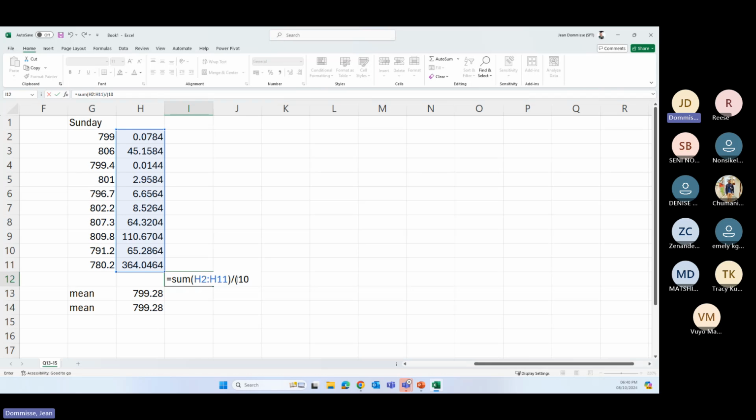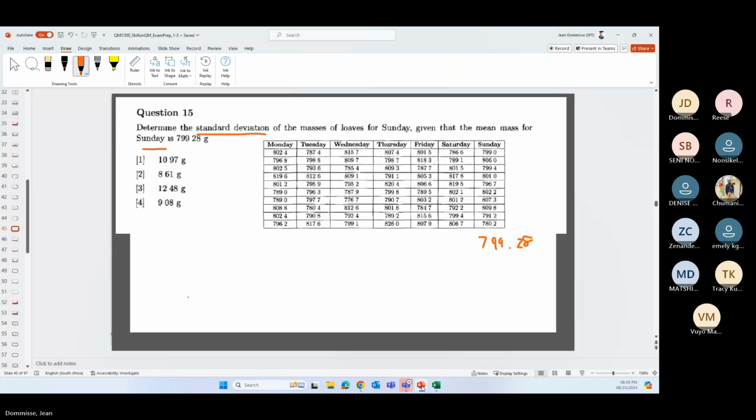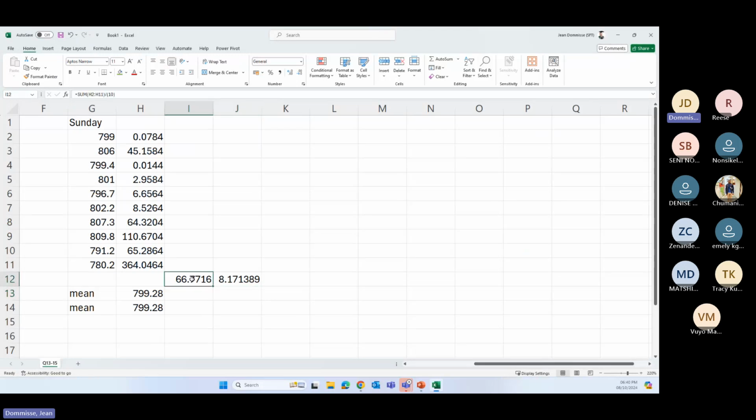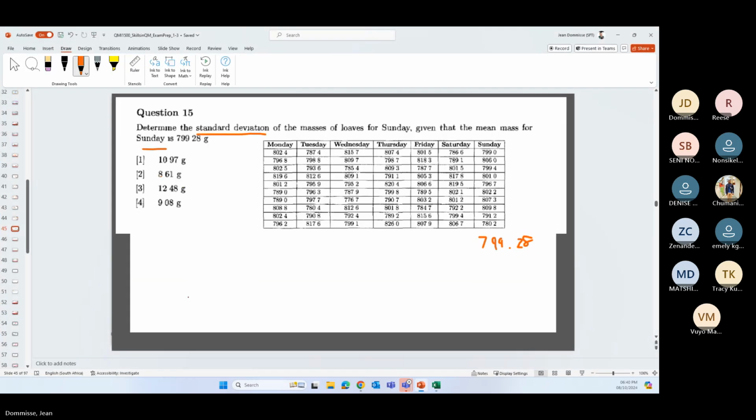So let's first do that. And then we need to say that square root. So that tells me it is 10 minus 1, because it is a sample, and it's 8.61. Okay, so there is the answer that we're looking for.